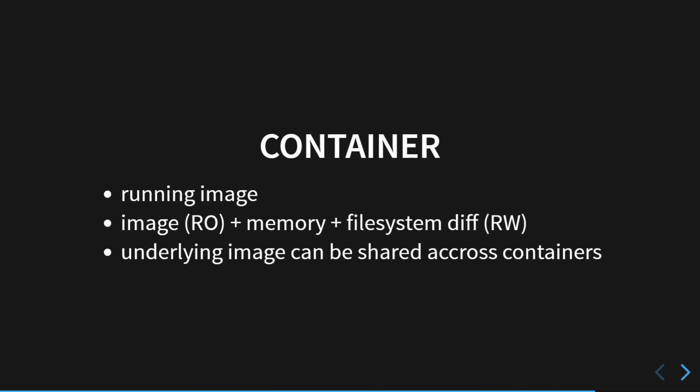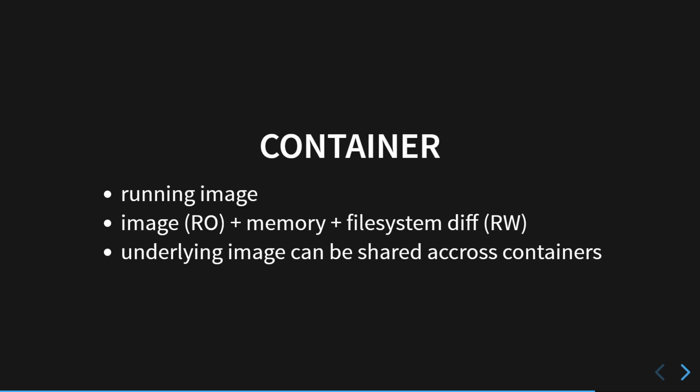And then we have the concept of a container, which is really an executing image. So we have the underlying base image, which is read-only, so that's the contents of the file system initially. We have the contents of memory, so the code and data for the executing application.